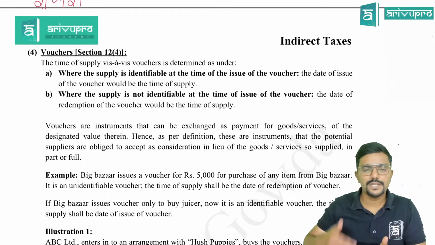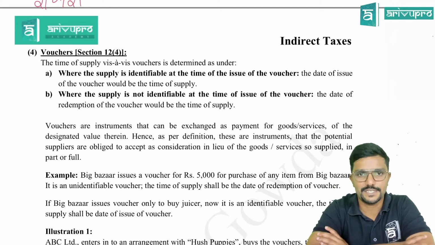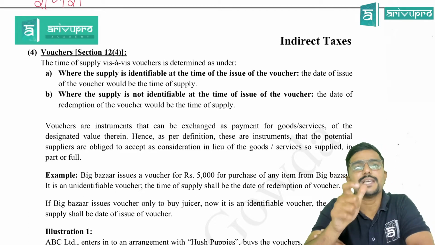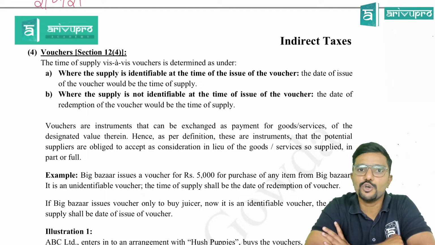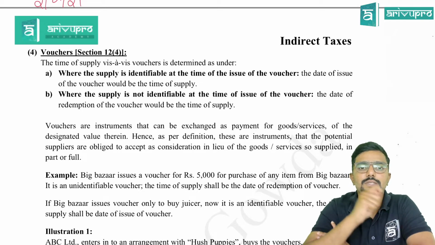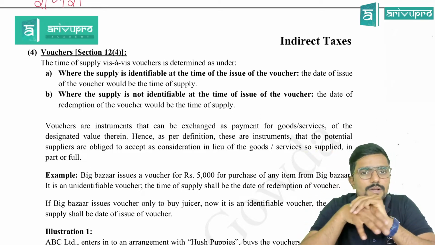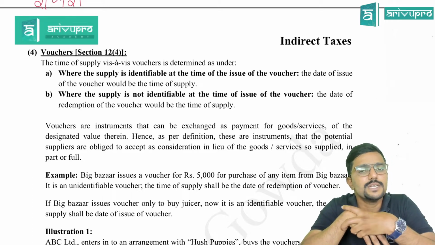Now when a voucher is issued, if you know for what purpose you can purchase it, means a supply is identifiable at the time of issue of voucher. In that case, the date of issue of voucher is the time of supply.